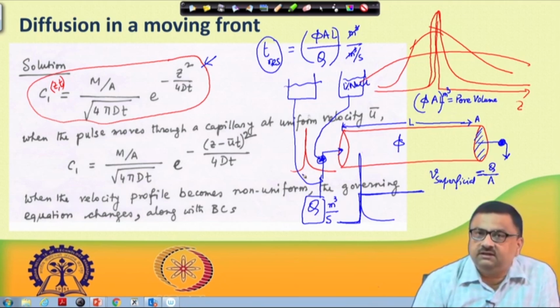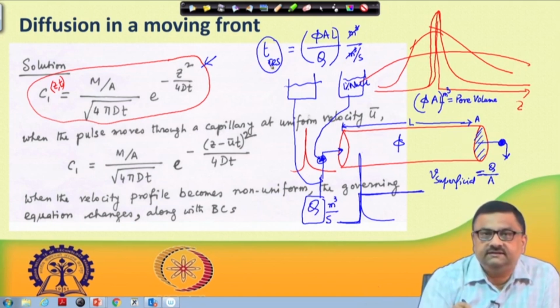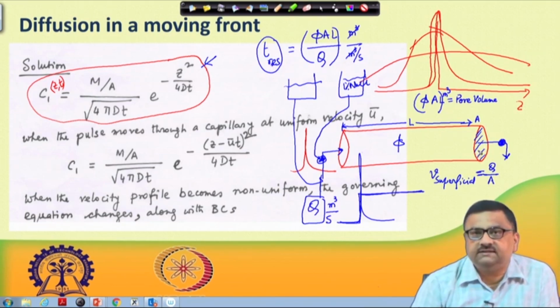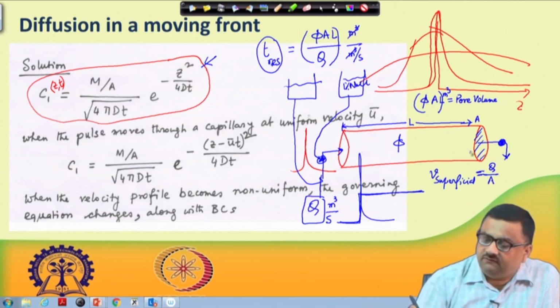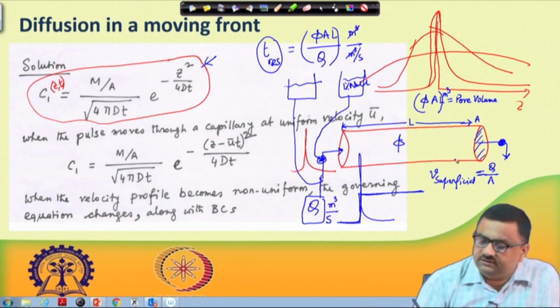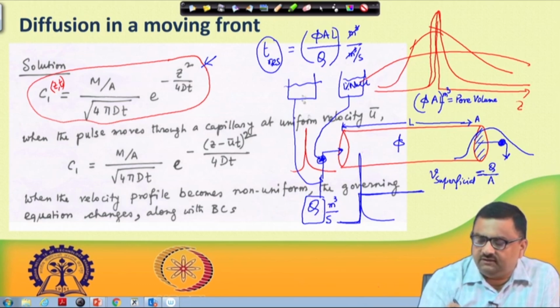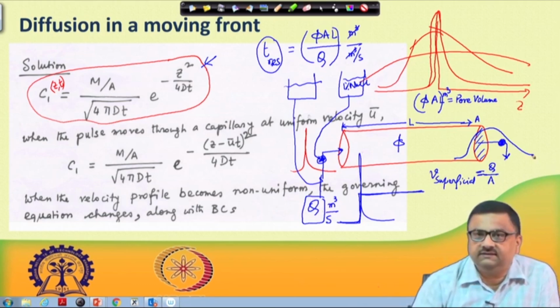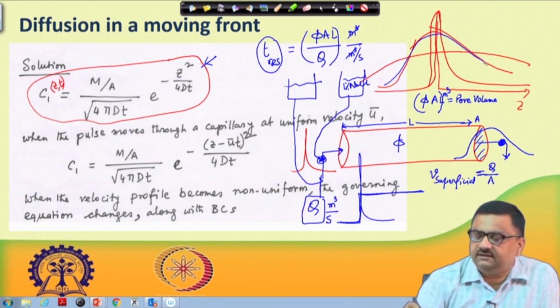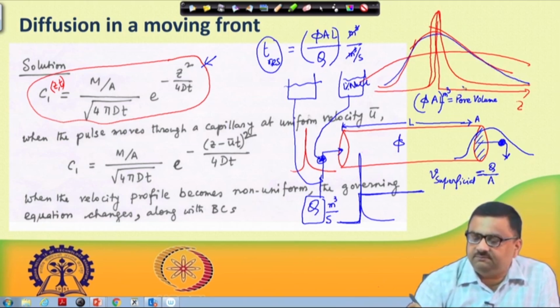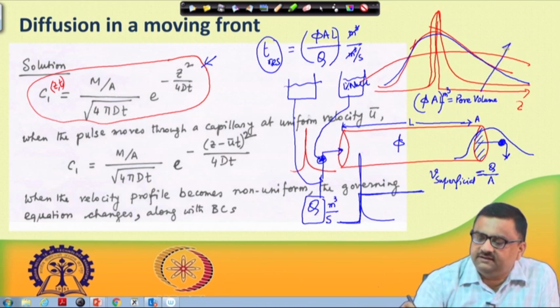Essentially, I am giving this pulse a residence time of T race, after which this pulse arrives at the outlet. Let us say this pulse, which was a Dirac function here, has already diffused like this, up to here. As time increases, these would be the shape of the pulse.